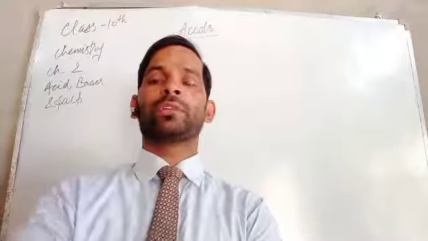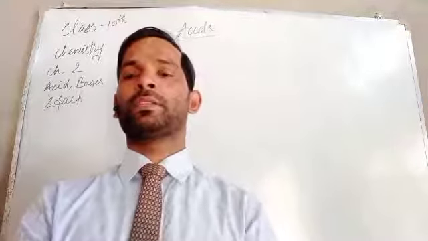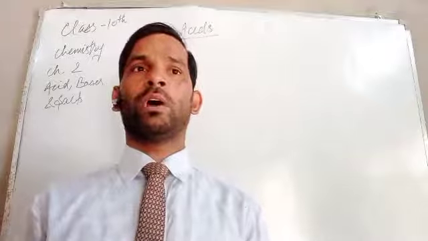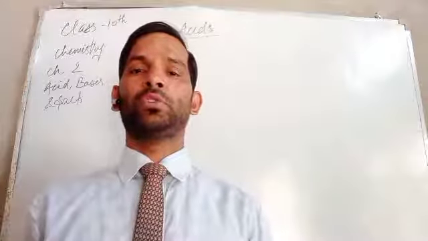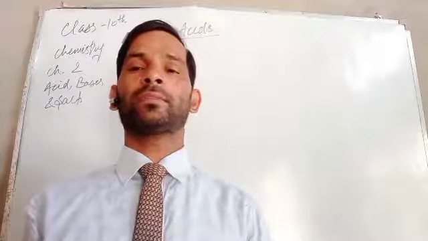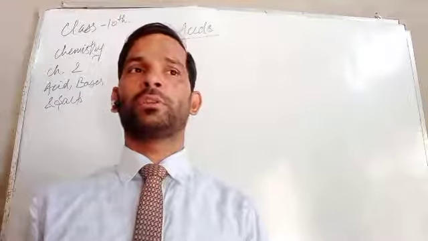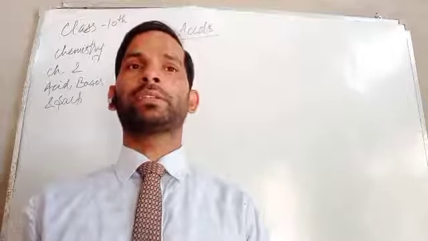But if there are acids, bases and salts, how can they be measured? How can it be known whether a solution is acid, base or neutral? This can be measured by using indicators.